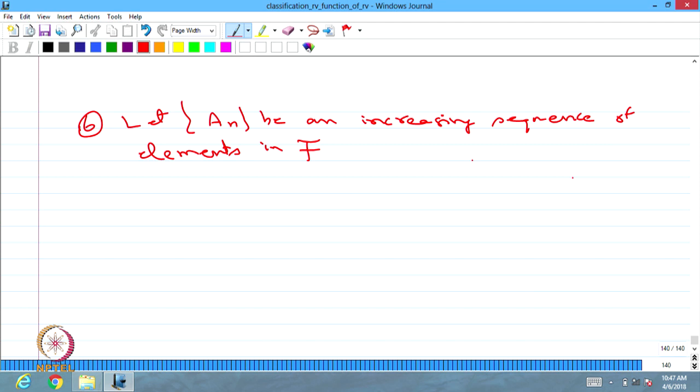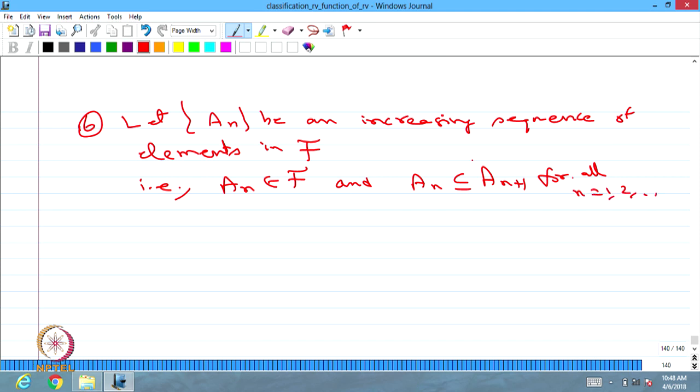So let A n be an increasing sequence of elements in F. That is, if you take A n belonging to F and A n is contained in A n plus 1 for all n equal to 1, 2, 3 and so on. That's the meaning of A n being an increasing sequence of elements in F.